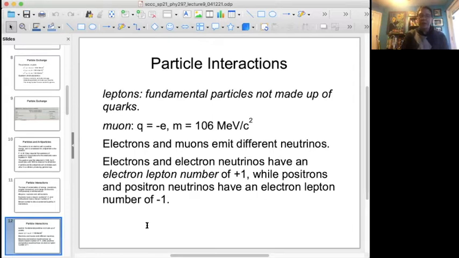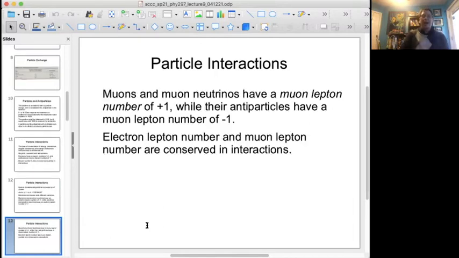Electrons and muons emit different neutrinos, and so their neutrinos are also considered leptons. Electrons and electron neutrinos have an electron-lepton number of +1, while positrons and positron neutrinos have an electron-lepton number of -1. So muons also have a muon-lepton number, and their corresponding neutrinos do.